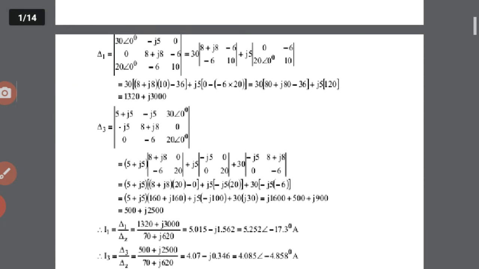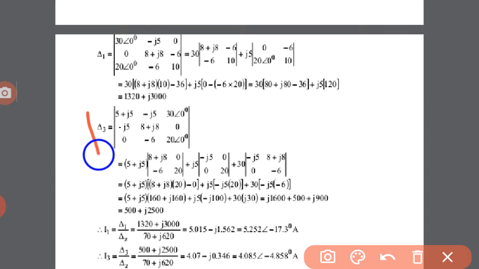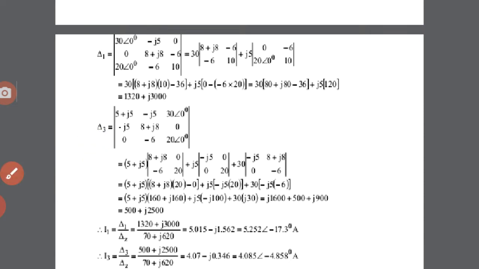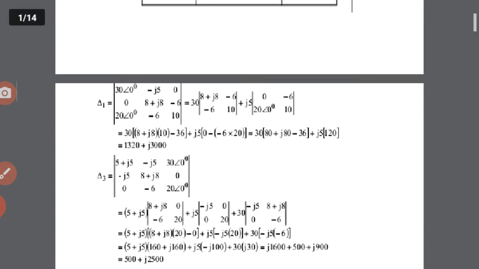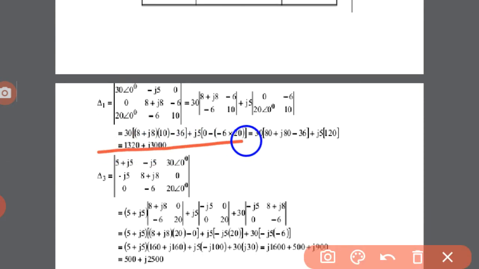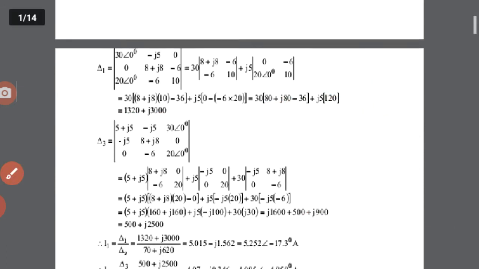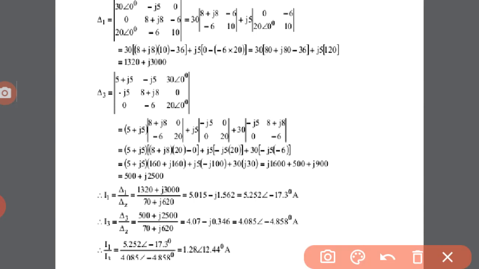Directly we put them into matrix form. First we have to find the value of delta 1. Delta 1 means just replace this column with 30 angle 0 degrees, 0 and 20 angle 0 degrees, and after that determine the value of delta 1. Next go for delta 3. After that you find the values of I1 and I3 as delta 1 by delta.